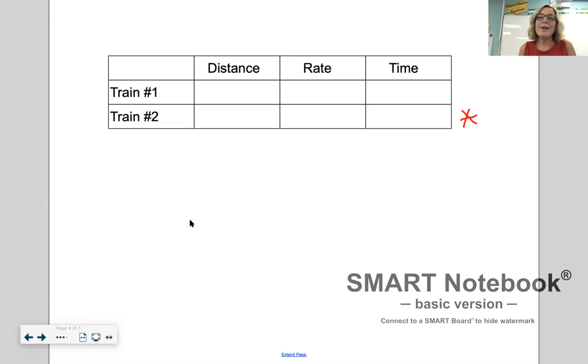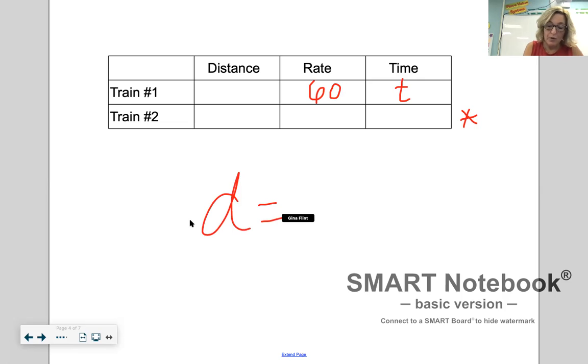Okay, so what we want to do is put what we know into the table. The first train took an unknown amount of time. We don't know what that time is, so we're going to represent it with the variable t. Now the rate we know was 60 miles per hour. Distance is equal to rate times time, so we could call the distance 60t.